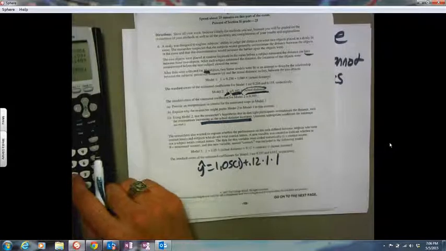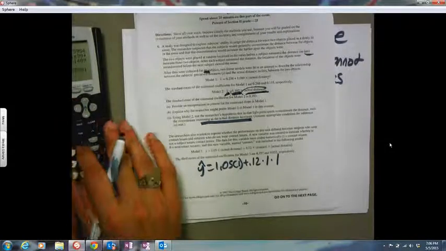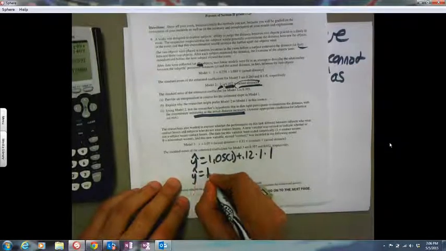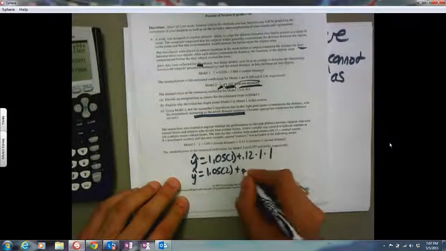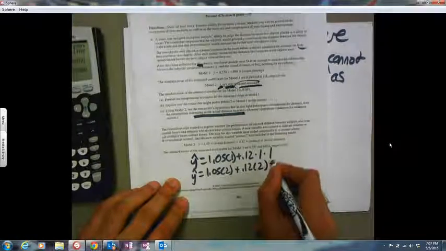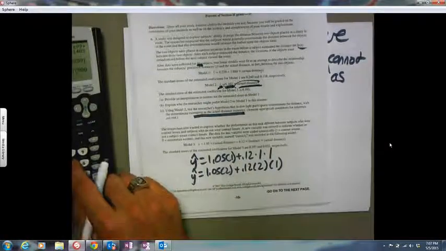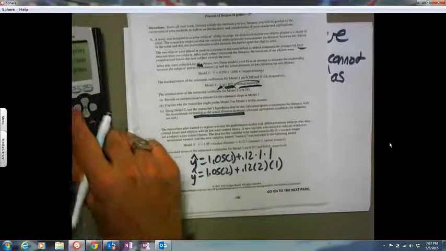What if this is 2 for contacts? 1.05 times 2 plus 0.12 times 2 times 1, 1 for contact, 2 for distance, and this is 2.34. What about 3? I plug in 3 here: 1.05 times 3 plus 0.12 times 3 gives me 3.51, and we get something like this. I'm going to write this is contact.